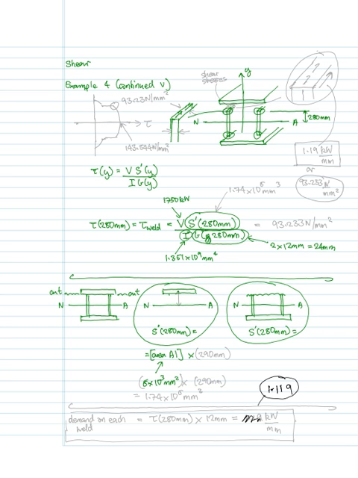So the centroid is there, and the distance of that line is going to be 300 minus 10, which is going to be 290 millimeters.